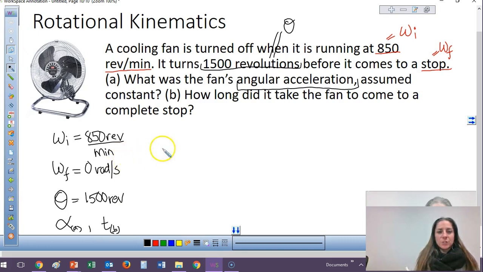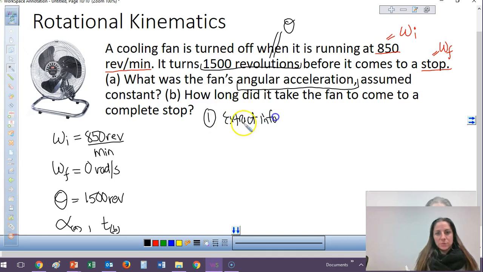Okay, so first step, extract your information. It's very important that you do this because I think having this visual is so helpful in understanding what you have and what you know. Extract information and then, of course, assign variables. So what is an angular velocity? What is that? Etc. Step 2, convert values if needed.